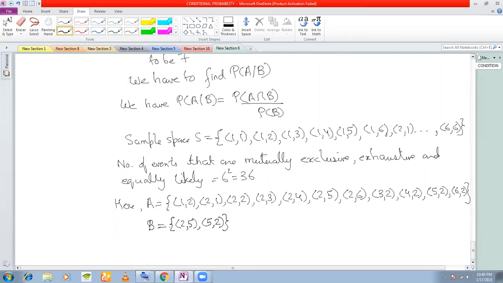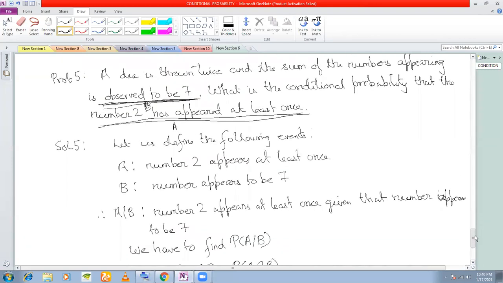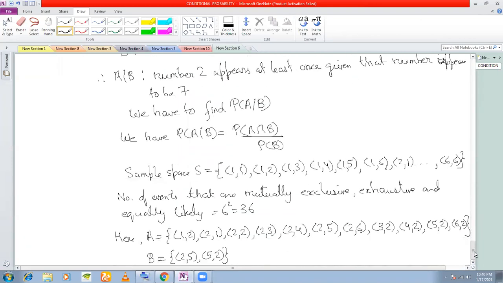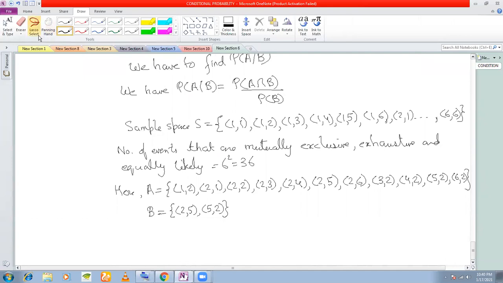Yes, there are more ways. Why not 1 comma 6, 4 comma 3, 3 comma 4, and 6 comma 1? These are the ways for the event B.